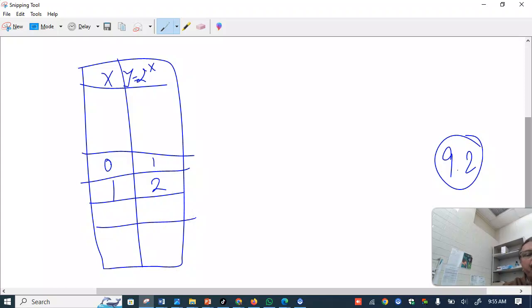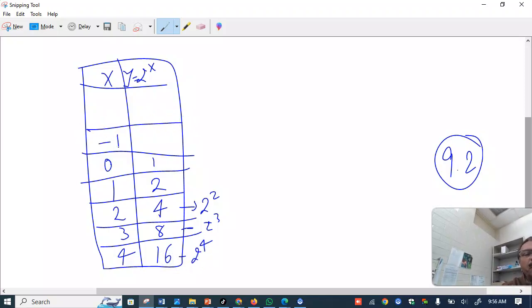If it was 2, this is 2 raised to 2, which is 4, and so on. If it is 2 raised to 3, it was 8. If it is 4, it was 2 raised to 4 is 16. If it was minus 1, 2 raised to minus 1 is 1 over 2. If it is minus 2, it is 1 over 4.